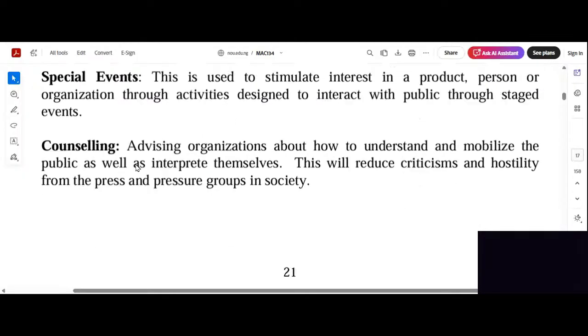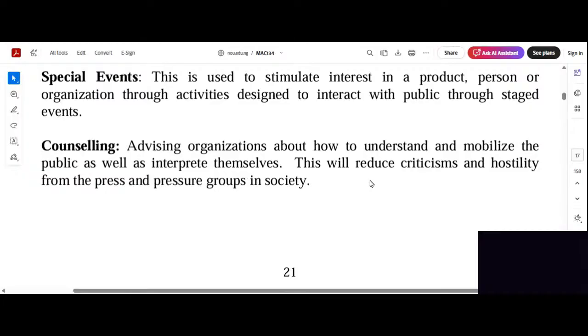Now, counseling, well, you may be wondering what is counseling doing in public relation specialization. Well, let's see. Advising organizations about how to understand and mobilize the public as well as interpret themselves.